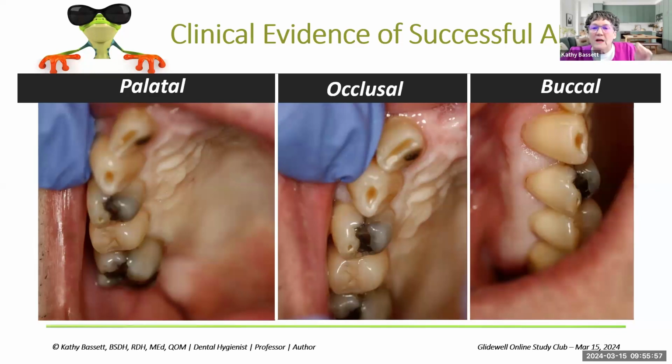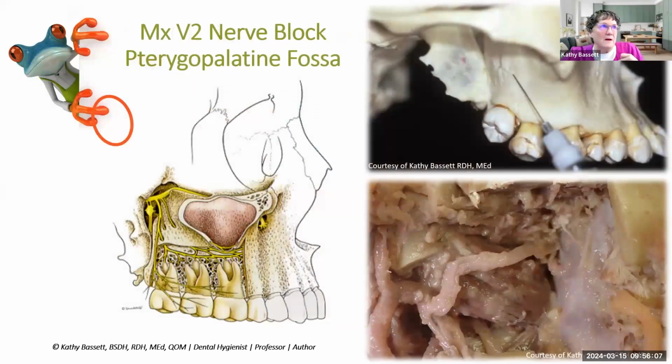And for this one, you can go to that Glidewell episode 81 on YouTube, and you will see this start to finish, which will walk through that entire injection with all of the detail. This is highlighting now the maxillary V2 block, and there are 2 ways to approach this.